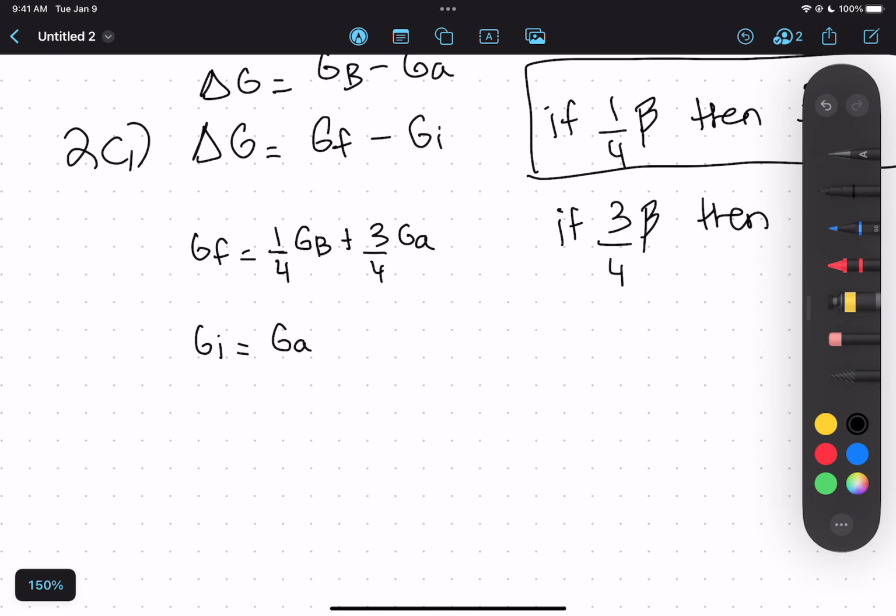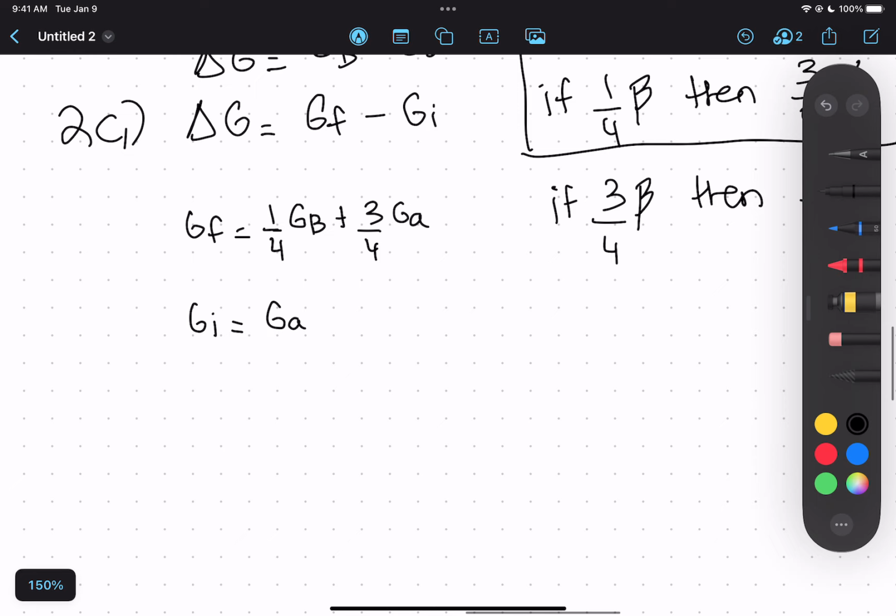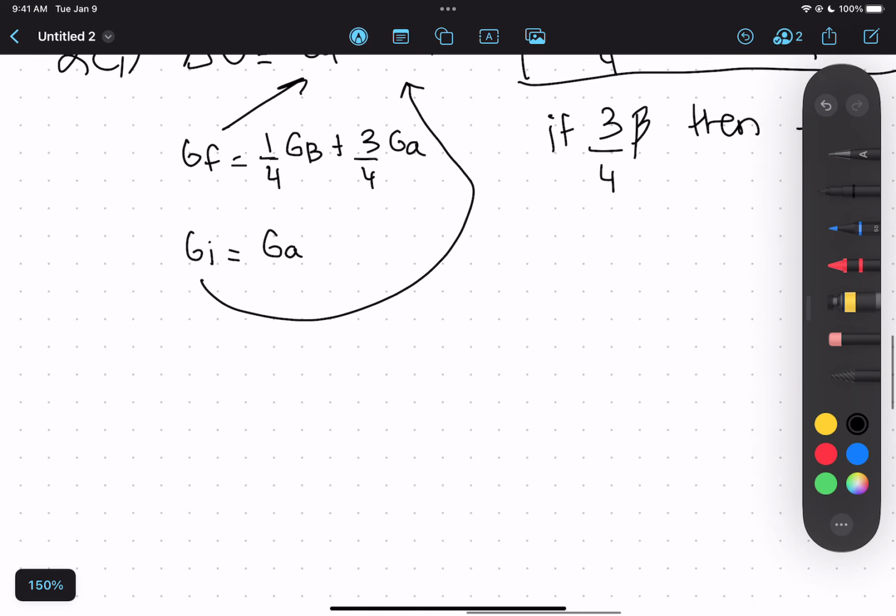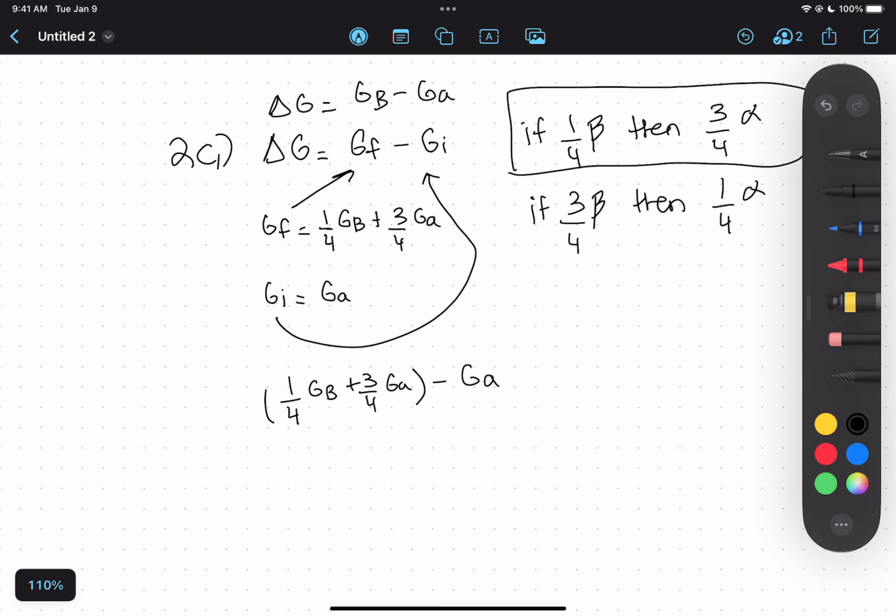The reason why I prefer to write it this way is that you can essentially plug this in here and plug that in there, right? And what you can see is that you'll have 1/4 GB plus 3/4 GA, minus GA, right? And so you might be thinking, well, what does that even do for me?